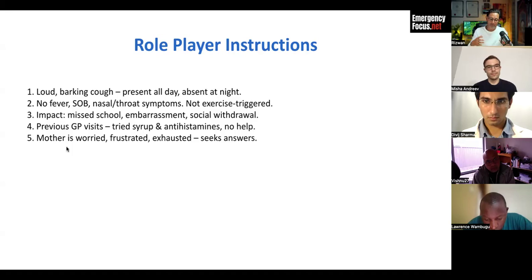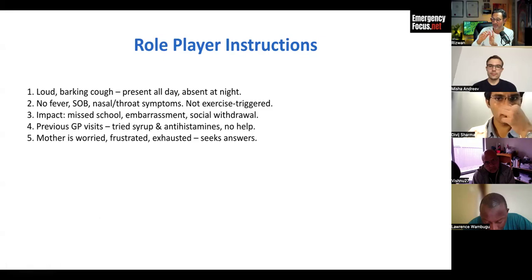And obviously, the most important component then becomes that the mother is quite frustrated because she's tried everything and the child's still not getting better. So this is the key aspect that you would need to touch on before establishing the diagnosis that it's a habit cough or a psychogenic cough, which is strongly supported by the fact that it resolves during night when the child is asleep.